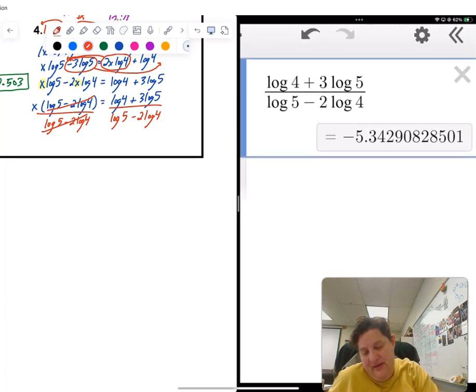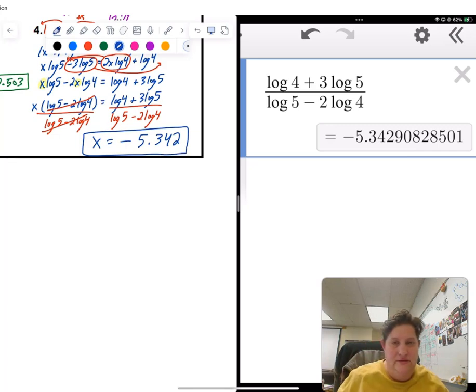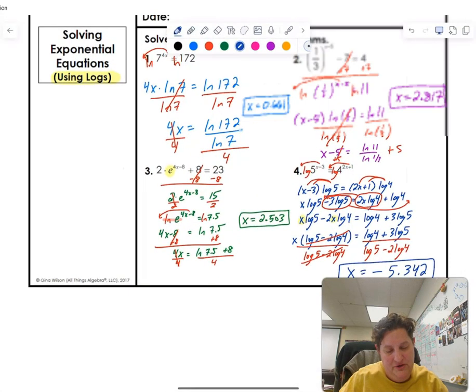All right, and then that's going to be my answer. Okay, negative 5.342. All right, so that is solving log equations.